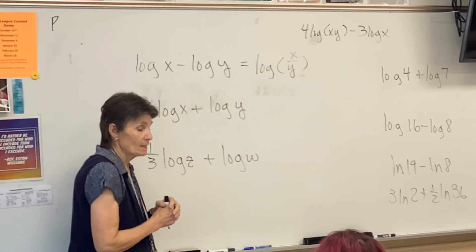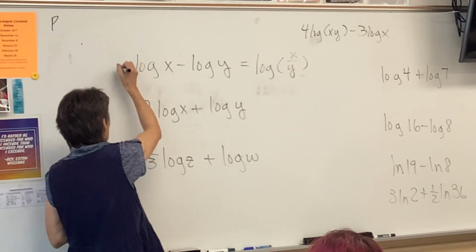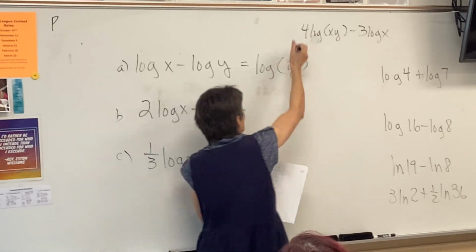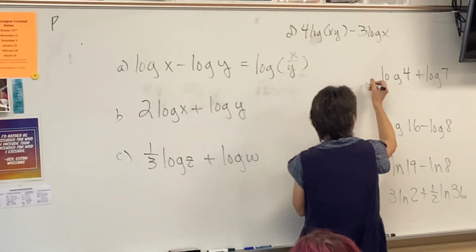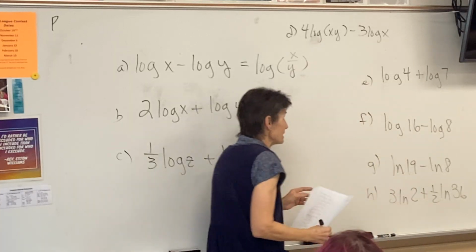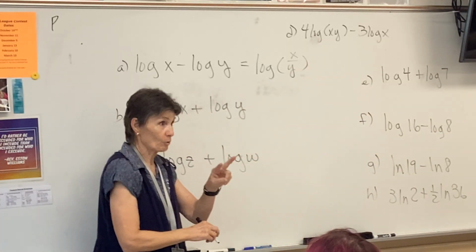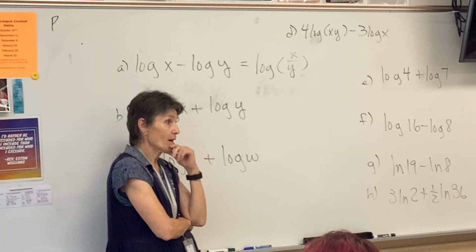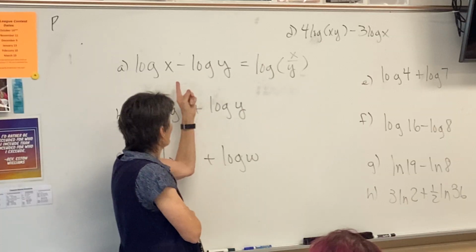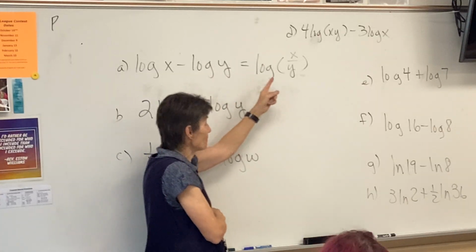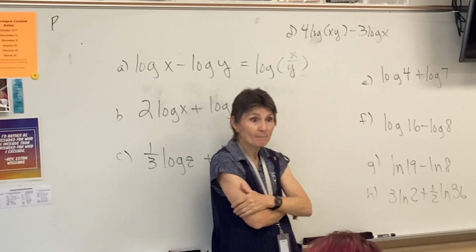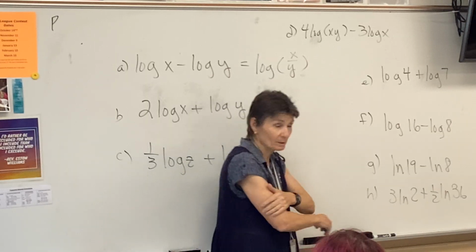Okay? Now, I'm going to skip down. I should have labeled these. I'm going to skip to E, because E is two logarithms, but this time they are added. Well, wait a minute. If when they're subtracted, I make a division, when they're added, I'm going to make it a multiplication.